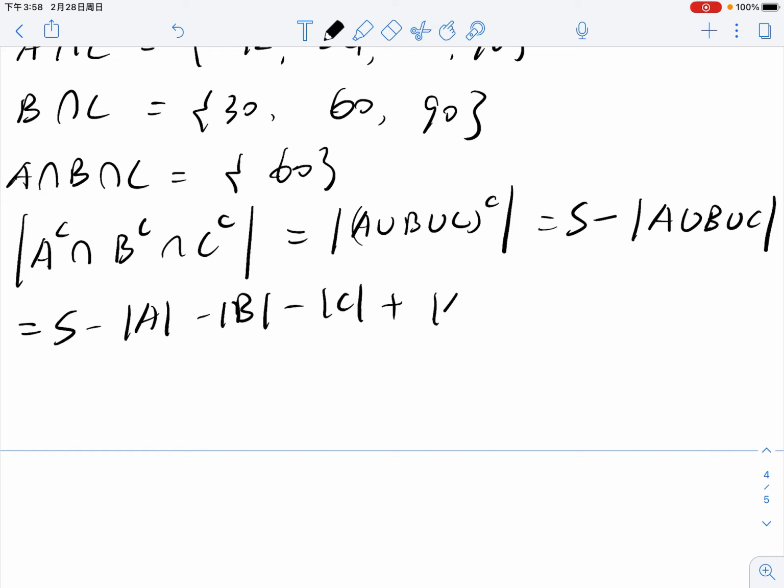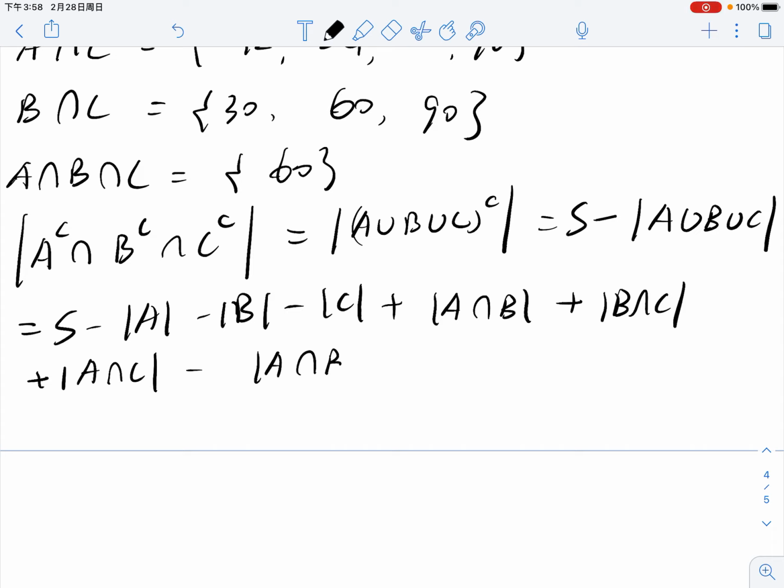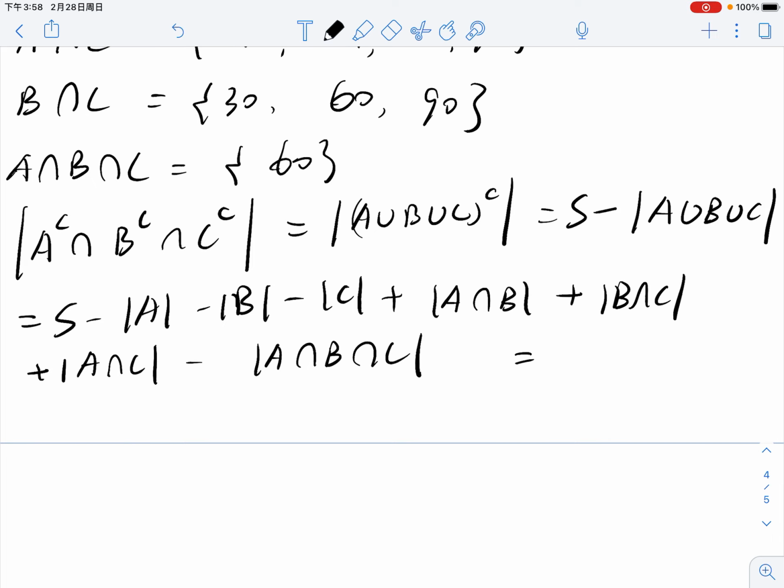You can just write down all the sets that appear in the formula. And if you calculate carefully, you will find it's 54.